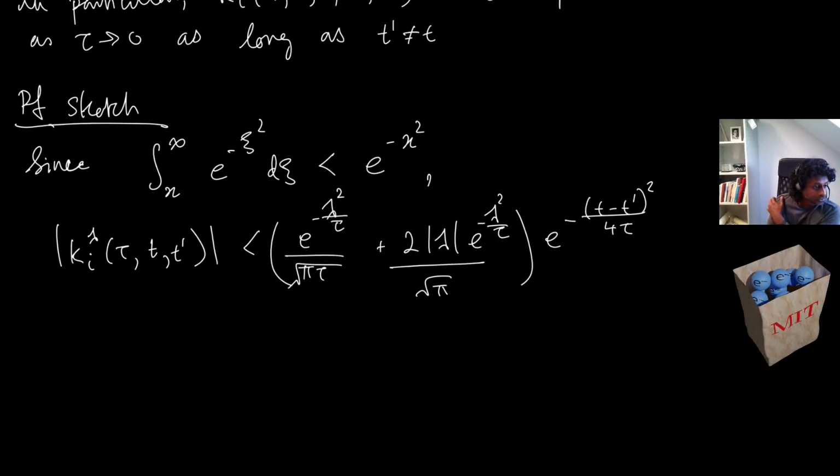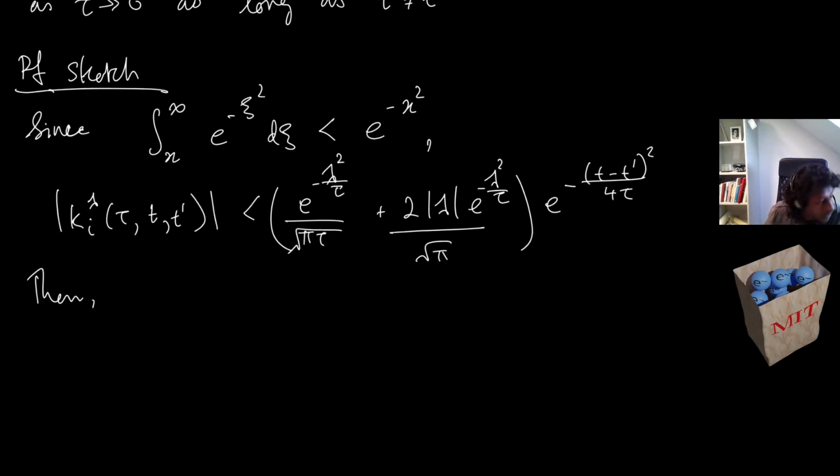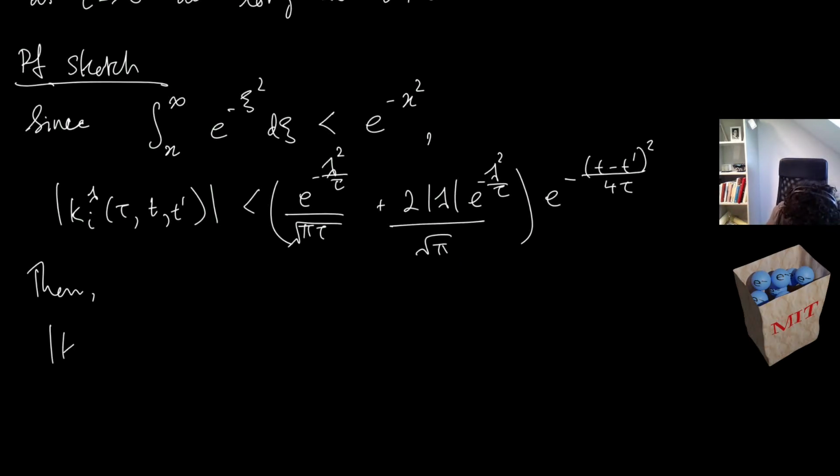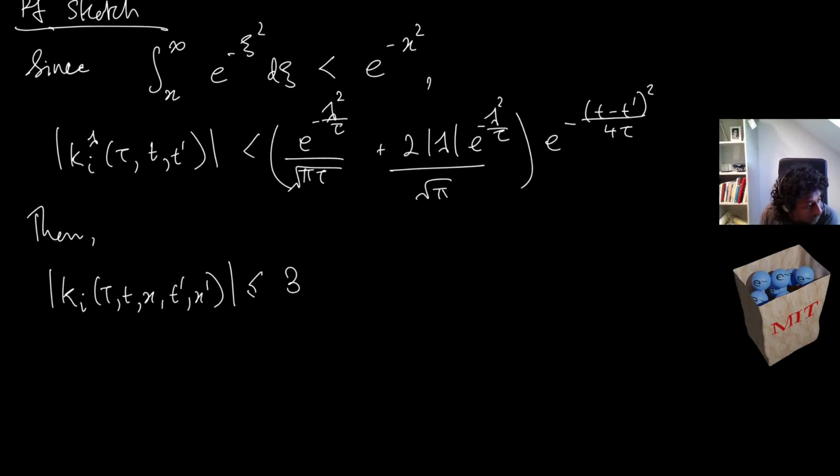Okay. So then we have that ki t tau, tau t x t prime x prime is less than or equal to what? This is going to be less than or equal to 3 on 2 root pi tau. Constants don't really matter, of course.